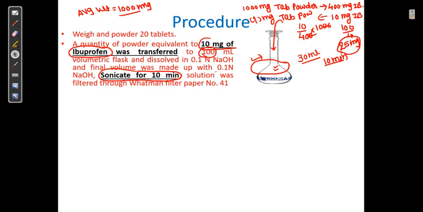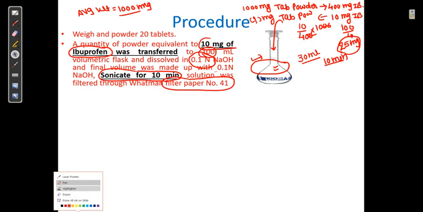After that, make up the volume with 0.1 normal NaOH solution, then filter with filter paper number 41. If you have normal filter paper, you can take that also.